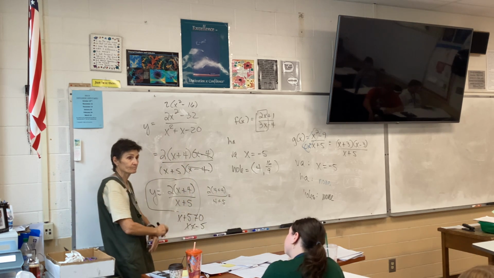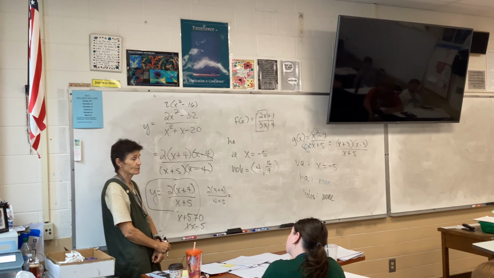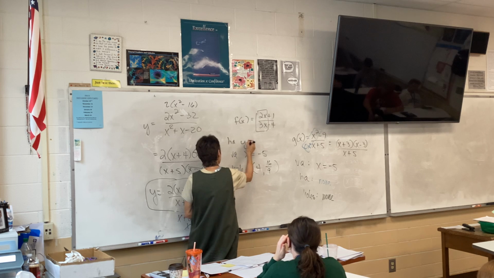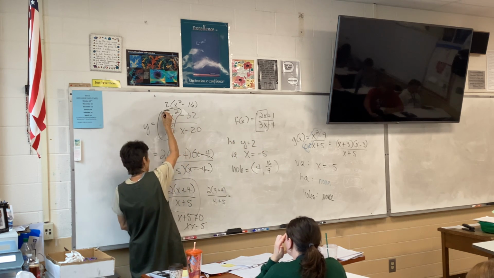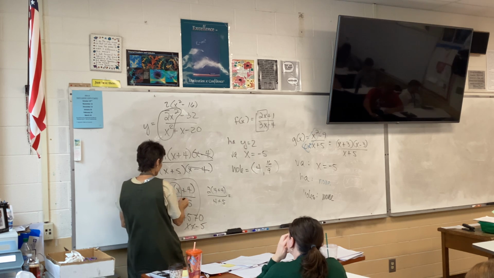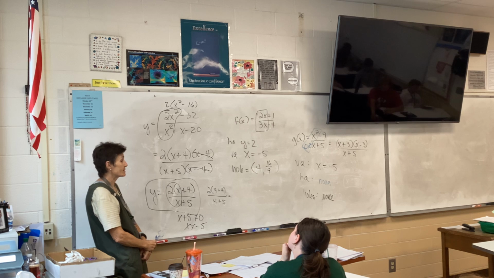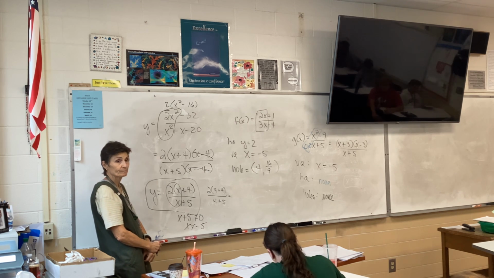Right? Where's my horizontal? At y equals 2. And that one, kids, you could have gotten from the beginning of the problem, or you can get it here, 2x over x. Either place, it doesn't matter.